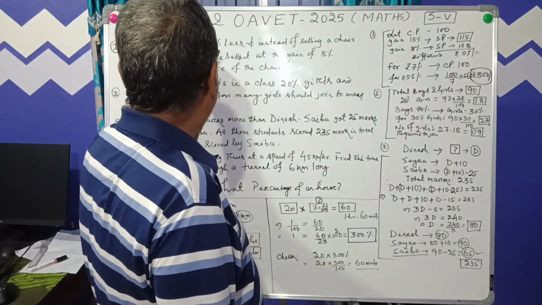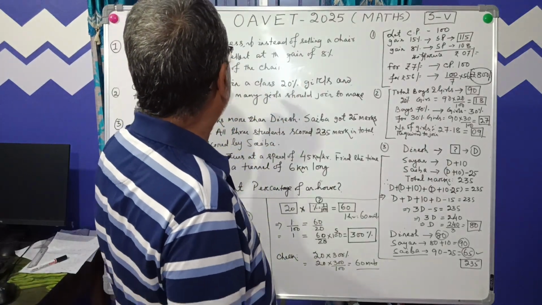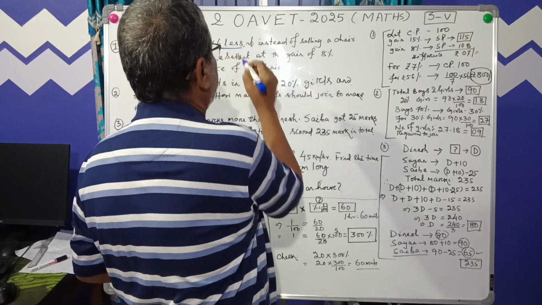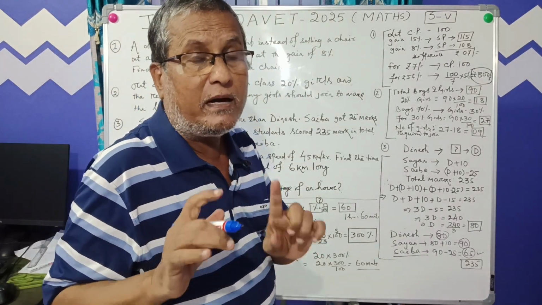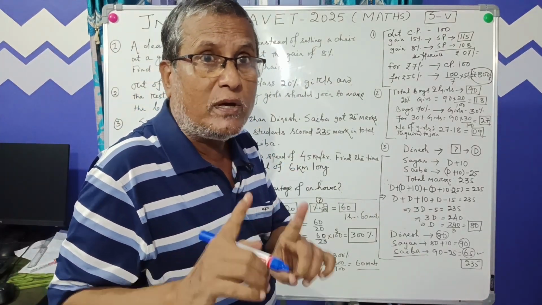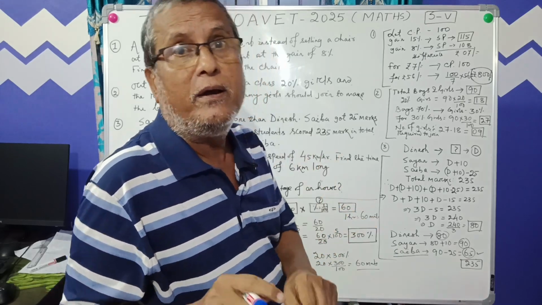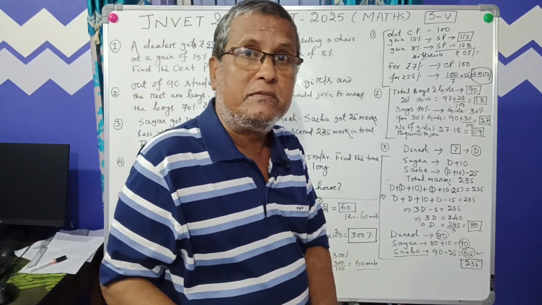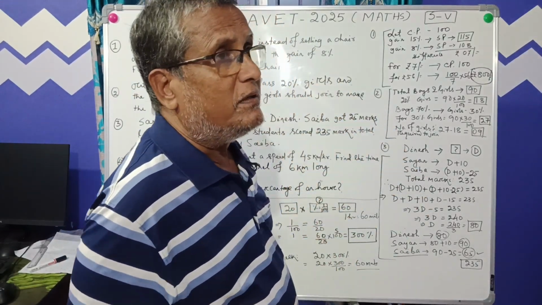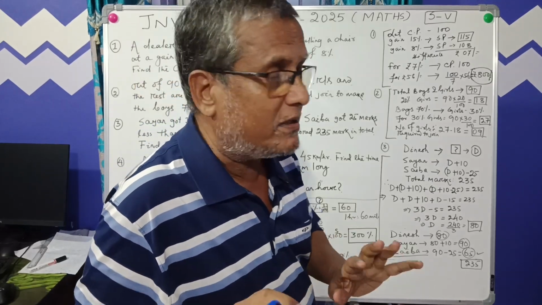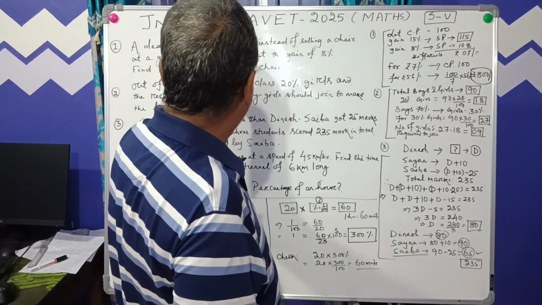A dealer gets 50% less. This is a key point. So please note the key point and read the questions once, twice, and thrice to locate the key points in the question. These are called directional words. 50% less.